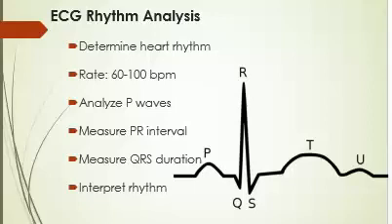The next part in identifying is measuring the PR interval. Remember I said the duration should be 0.12 to 0.20. And I'm trying to make sure that you are able to take notes. I did get some requests to email my PowerPoints, but I can't do that, guys.